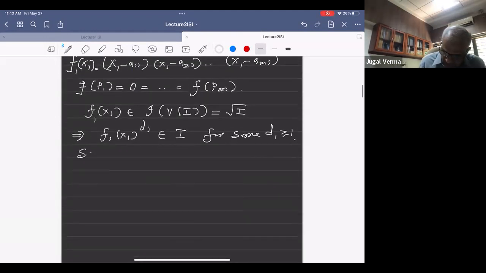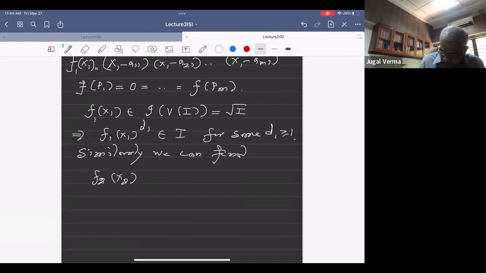So similarly we can find f2(x2). So f2(x2) is the product of (x2 minus the second coordinates of all the points).